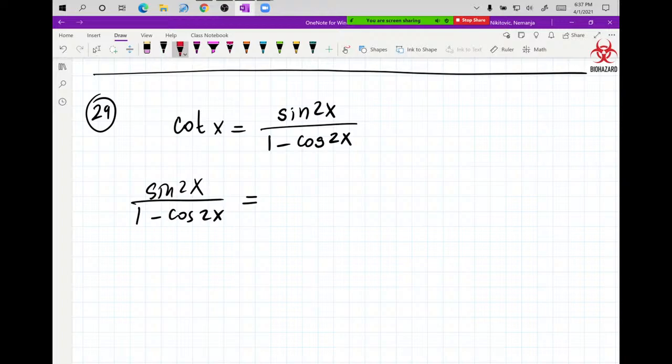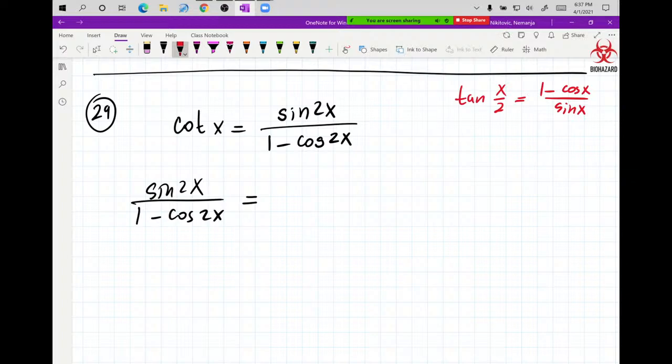I'm going to outline this in a corner here, and then we're going to try to go through the identity. So if you take a look at this formula, tangent x over 2 is equal to 1 minus cosine x divided by sine x.